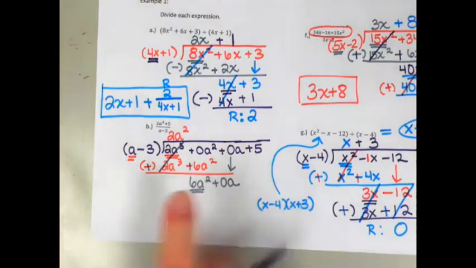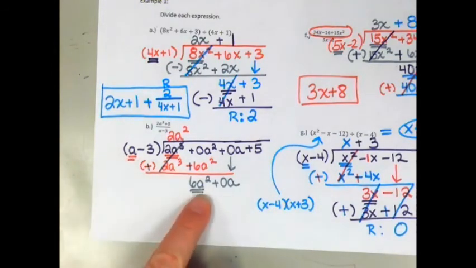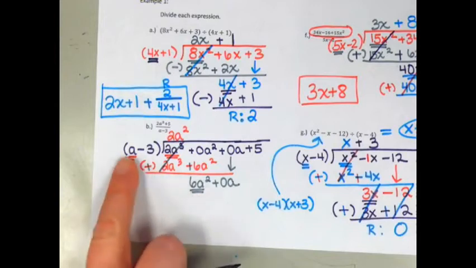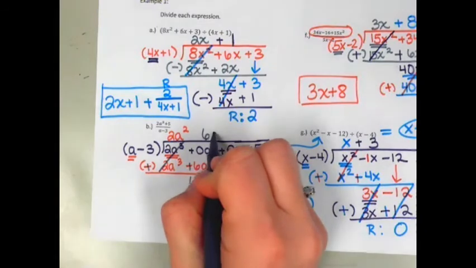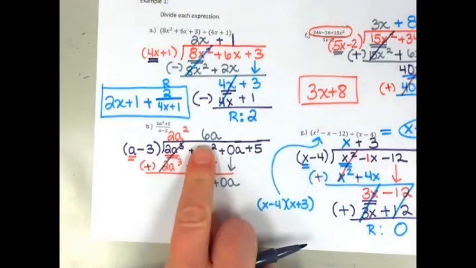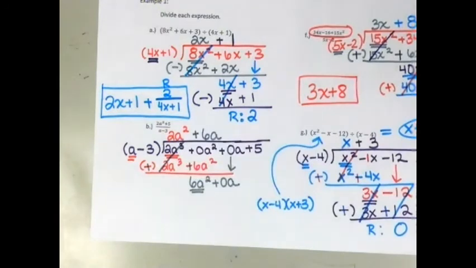6a squared divided by a, or a times what is 6a squared? 6 and a. Is it positive or negative 6? Positive, so I put a plus sign. Okay. And now distribute.